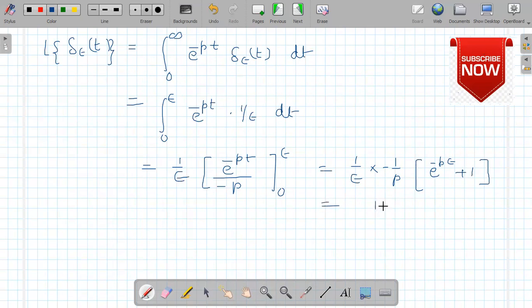So this is 1 plus e raised to the power minus p epsilon divided by p epsilon. Now we take the limit as epsilon tends to 0 of the Laplace transform of delta epsilon t.